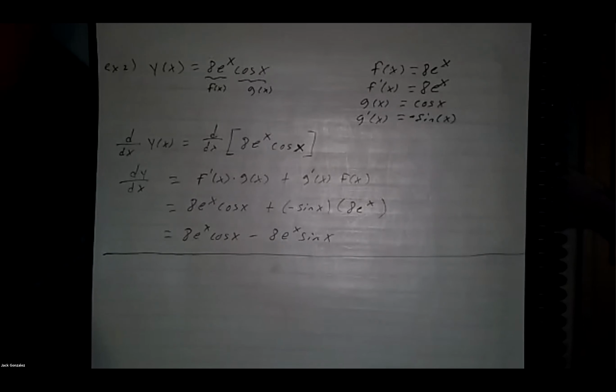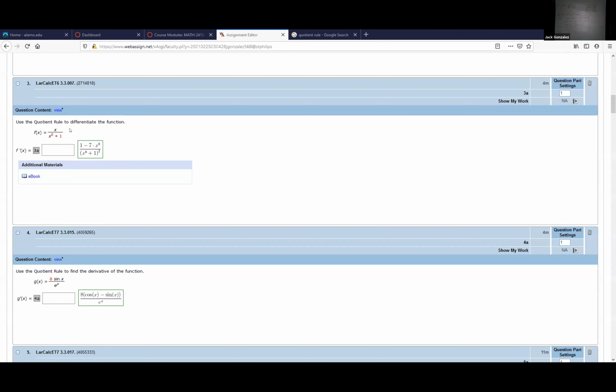Let's do the hard one. All right, so this is a quotient. You see why we need to use the quotient rule, right? Because we have division.